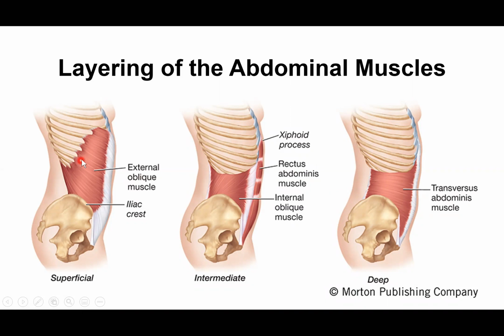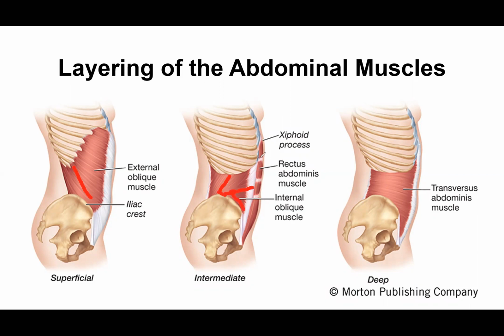Now just pay attention and notice fiber direction here, because fiber direction does matter. You'll notice the external oblique fiber direction sort of running in this direction, internal oblique runs sort of in multiple directions.